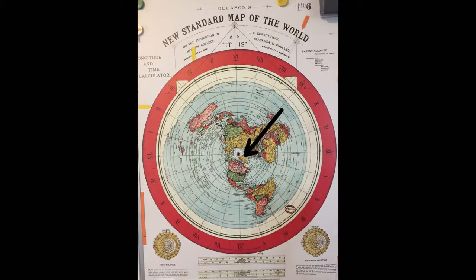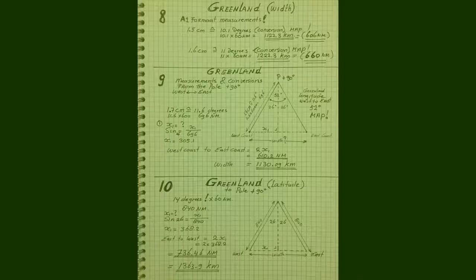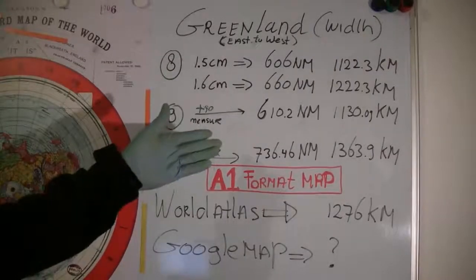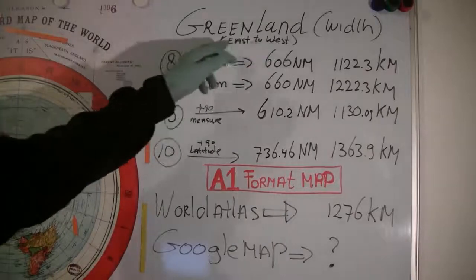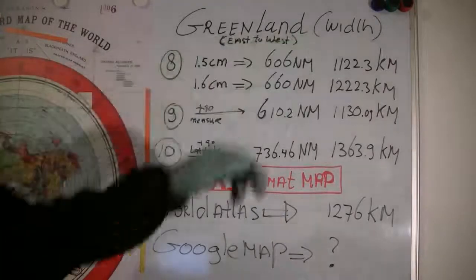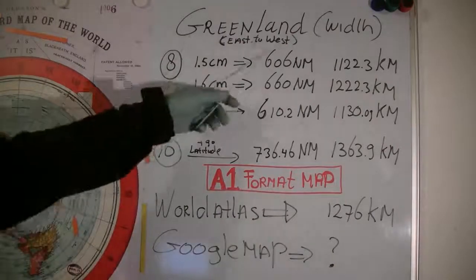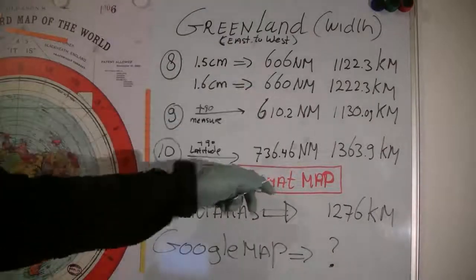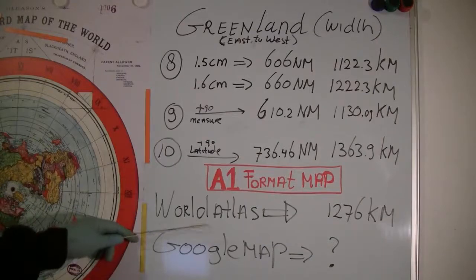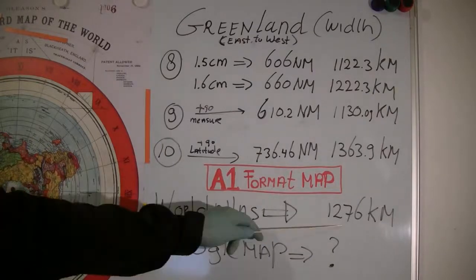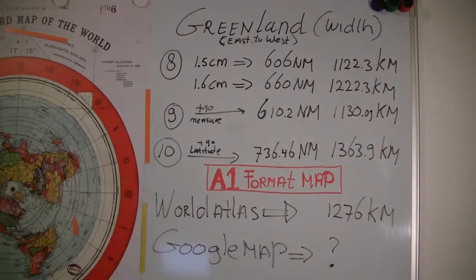Let's measure Greenland. These are the results. Greenland from east to west, the width using an A1 format map. These are nautical miles, kilometers, and I also found World Atlas size is 1276 kilometers. Google Map is a question mark.